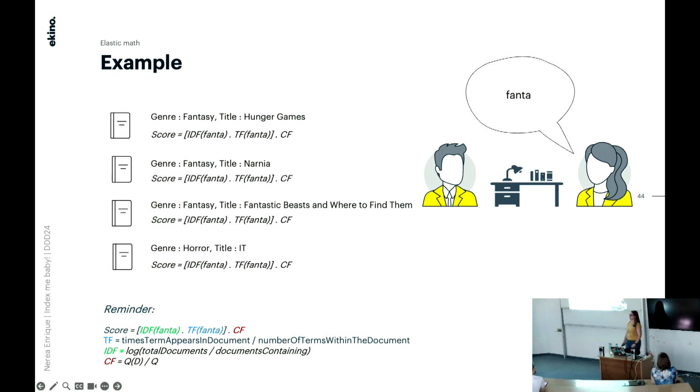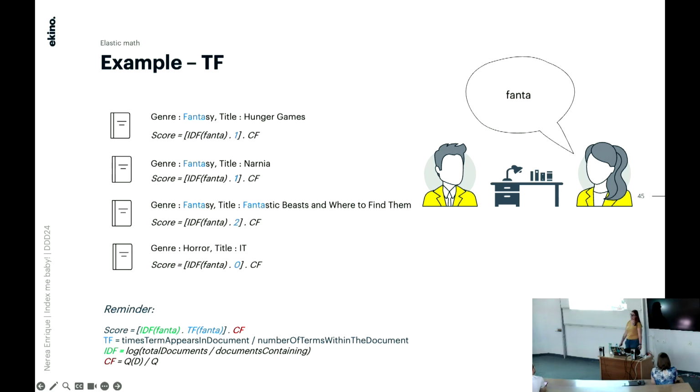Let's start with the term frequency. I found it for the first one once. I found it for the second one once. I found it for the third one twice. I have my term frequency, and it hides somewhere behind. It doesn't show up.